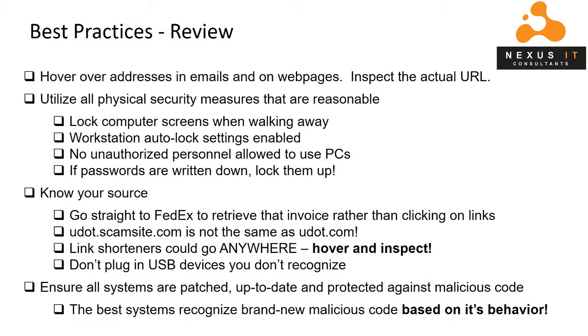Use a third-party tool if needed to determine where that shortened link goes. And lastly, don't plug in any USB devices that you don't recognize. This, combined with fully patched, up-to-date systems using next-generation security software, can really protect a business against all forms of attack.